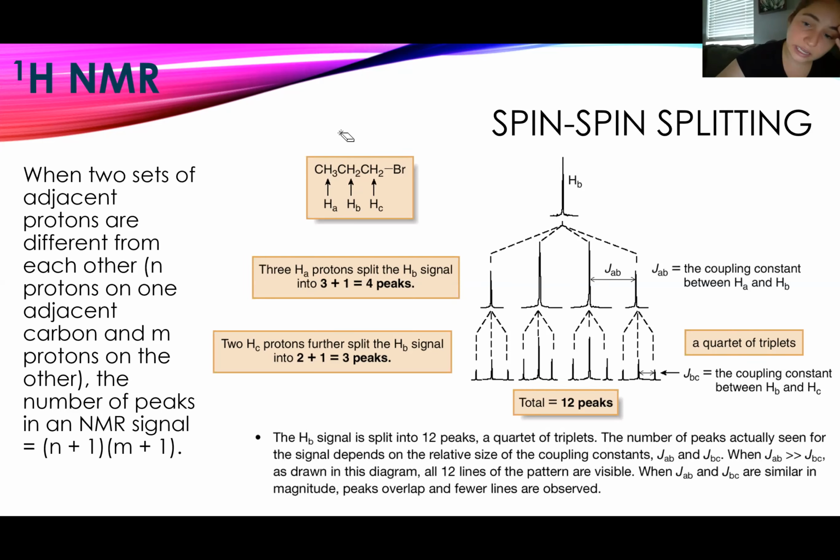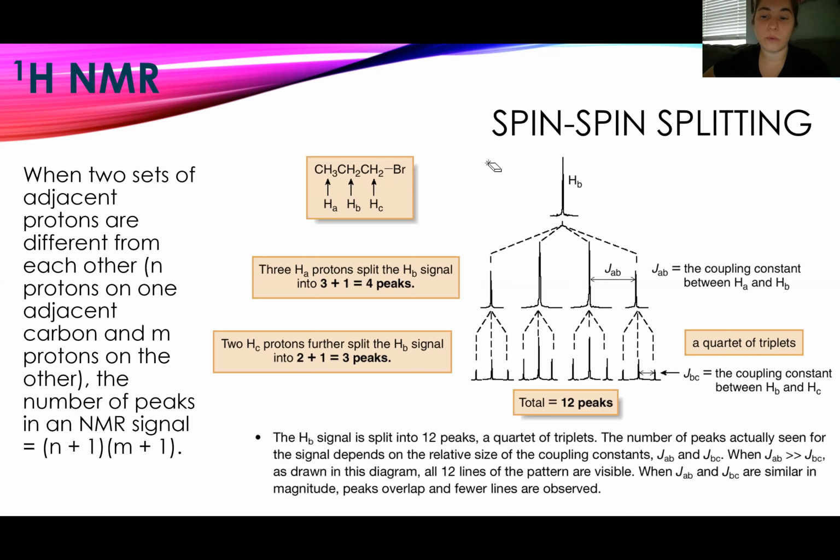But HB has a much more complex situation. So it has 2 neighbors on the right and 3 neighbors on the left. Those neighbors are not equivalent to each other, and so their effect on HB and its splitting pattern is going to be different.